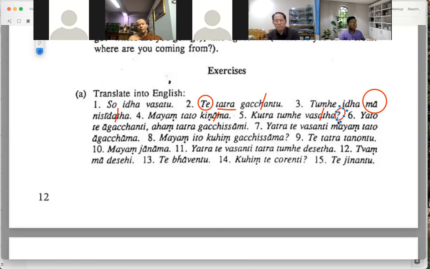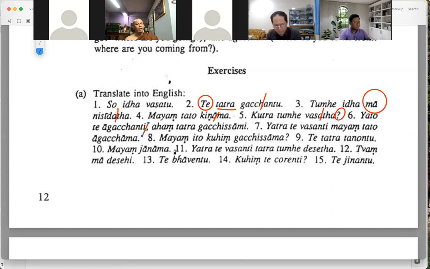In number 6, yato te agacchanti, aham tattha gacchami. At this time we should try to translate line by line. Here there are two lines: yato te agacchanti is one, and aham tattha gacchami is another. Two lines together.